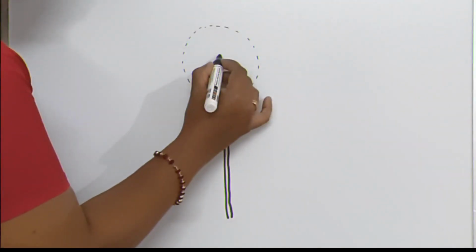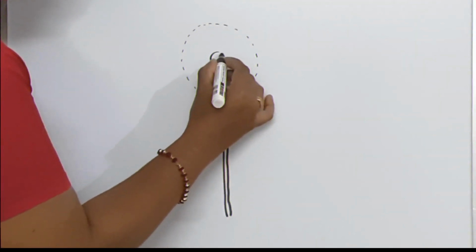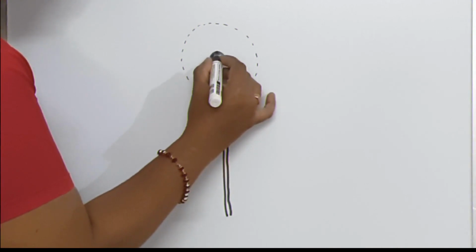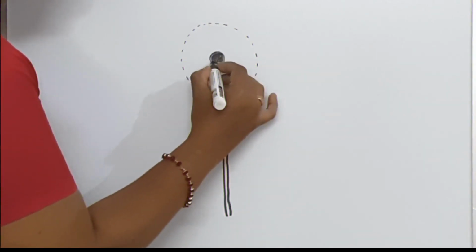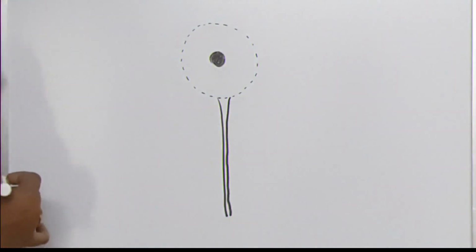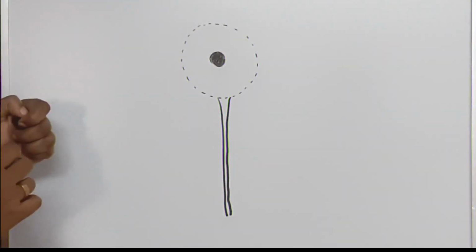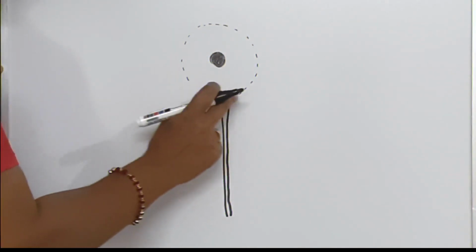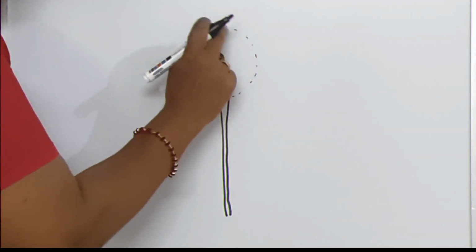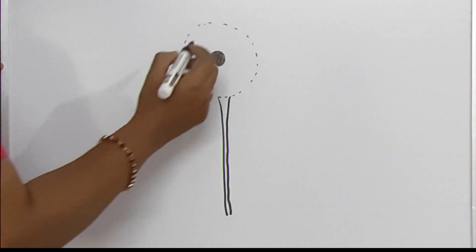Then, in the middle, you can draw the nucleus. Nucleus, also known as cell center, controls all the activities in the cell. Then, from this circular outline, rub a little in between so that we can draw some branches.